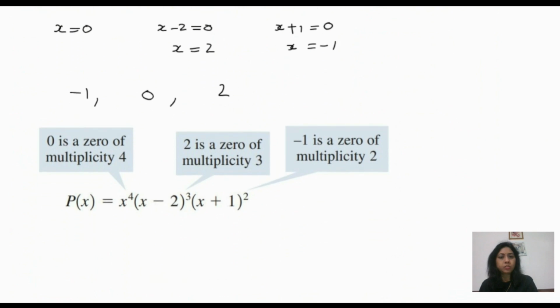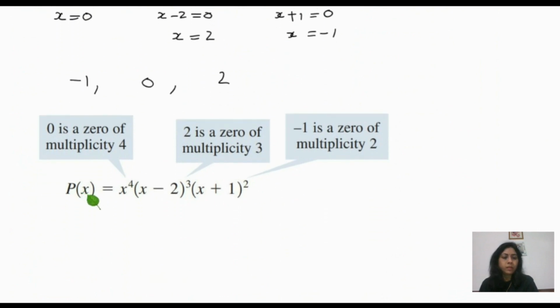So we apply this here. In this given polynomial, the power 4 means multiplicity 4, which is even. So 0 is a zero of multiplicity 4. Here 2 is a zero of multiplicity 3, and here minus 1 is a zero of multiplicity 2.